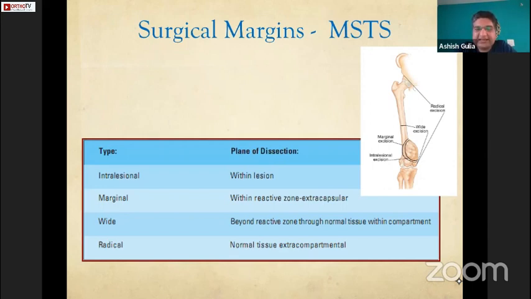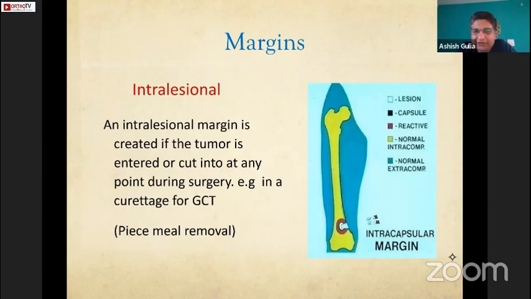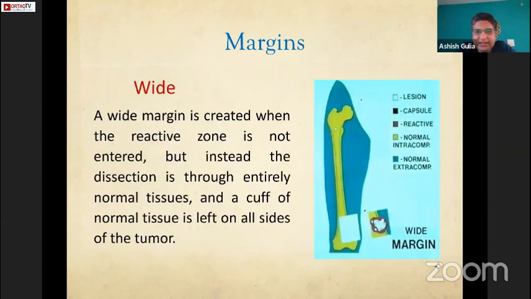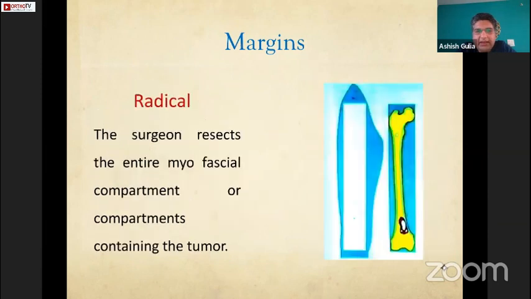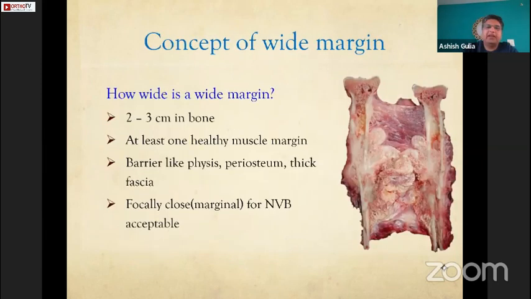Lastly, we have the radical margins, where the entire compartment is removed wherever there is tumor. I've already explained this, so we can quickly skip through it. Another important question: when we are talking about wide margins of resection, that we need to excise these tumors wide, how wide do we need to go?